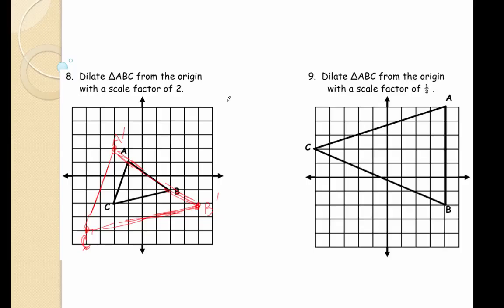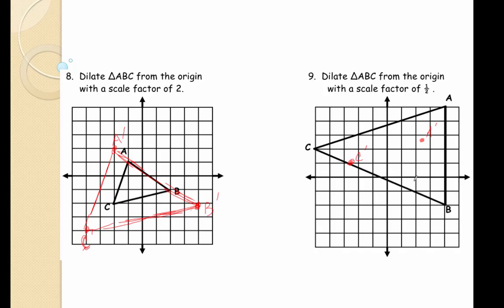On this one, we want to do by a factor of 1/2, which means we half everything. We multiply everything by a half. So C was -5, 2, so we need -2.5, 1. A is 5, 5, so 2.5, 2.5.